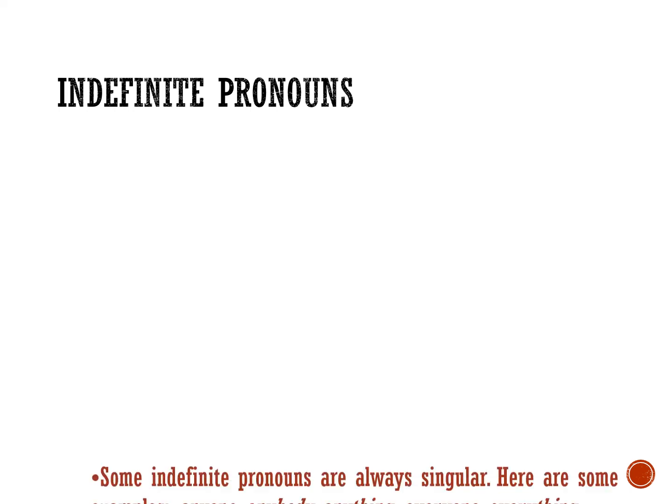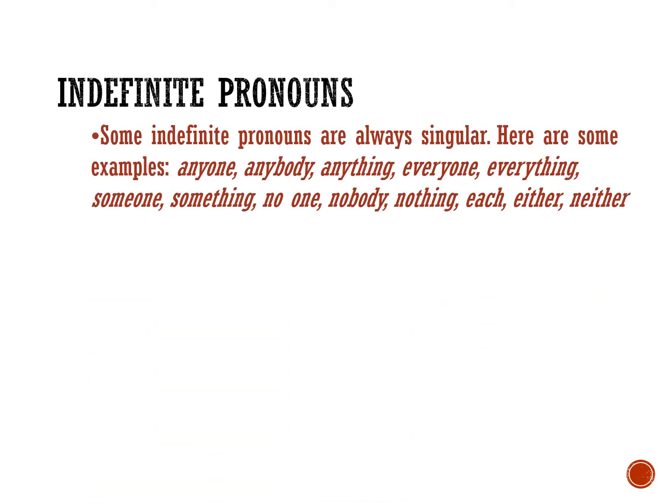Indefinite pronouns. Here are some indefinite pronouns that are always singular. Here are some examples. If the subject is anyone, anybody, anything, everyone, everything, someone, something, no one, nobody, nothing, each, either, neither, they are always singular.